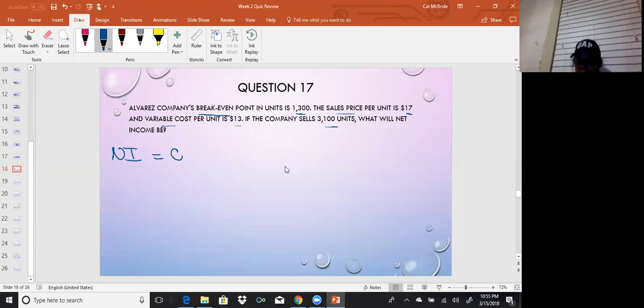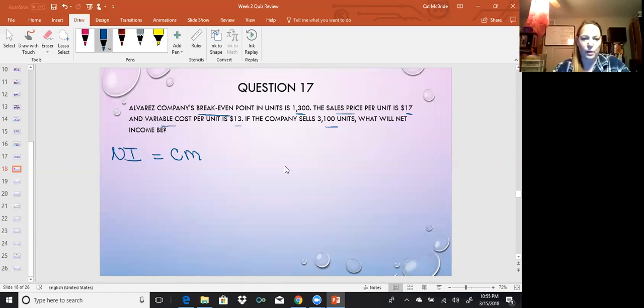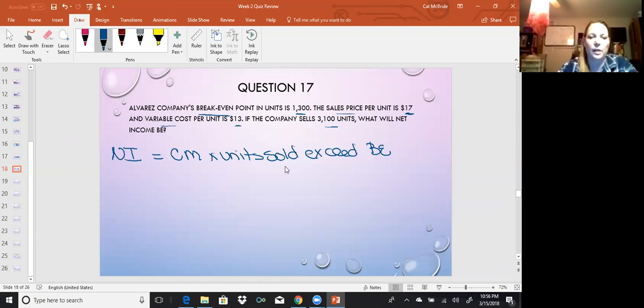Okay, net income equals contribution margin times the units sold that exceed break even. My contribution margin: sales price is $17 and variable cost is 13, so my contribution margin is 17 minus 13, times the number of units sold that exceed break even.